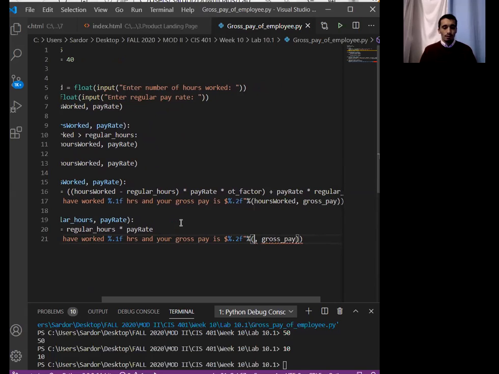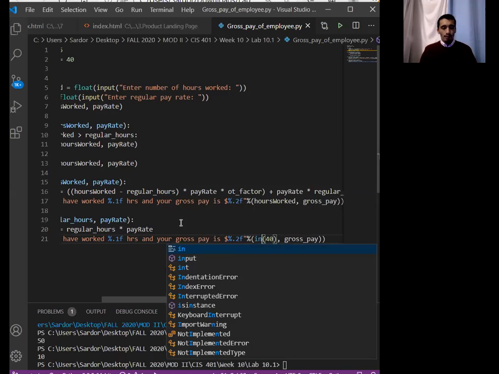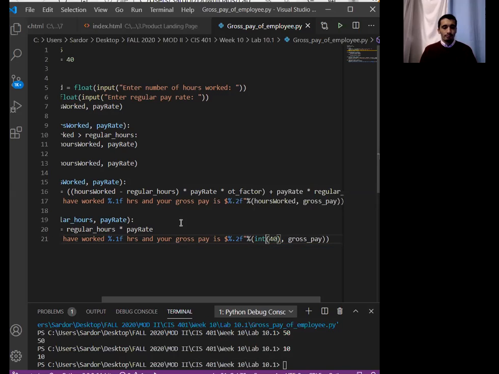So all we need to do is write 40, put that in parentheses, and since this is a number, we need to tell the program that it is a number.